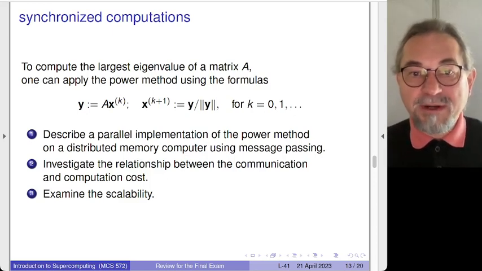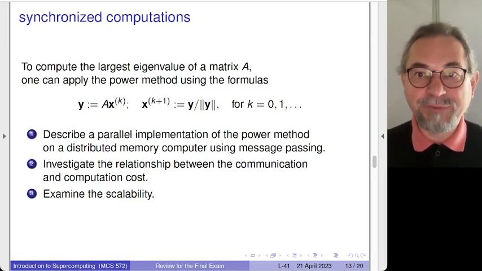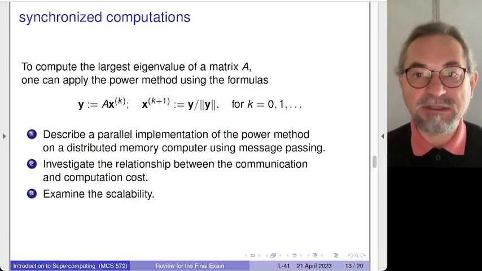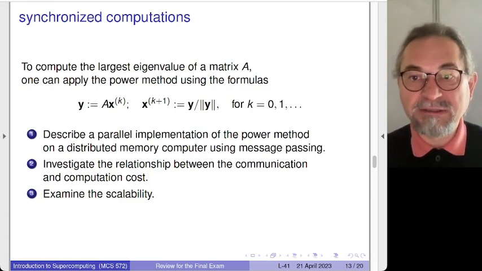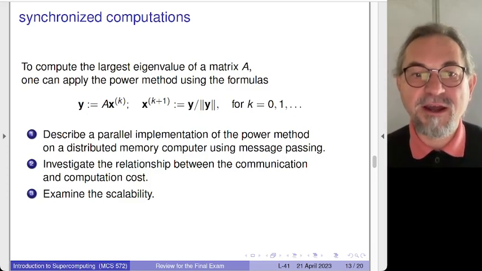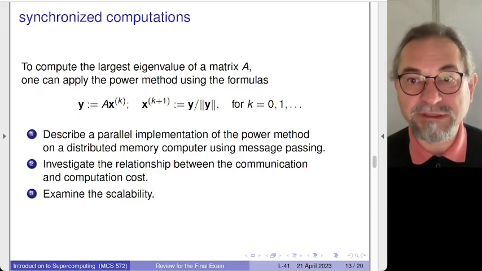If you describe a parallel implementation, then you think of a manager-worker paradigm. The manager will distribute the matrix among its workers, and distributing often means that you assign to every processor a portion of the matrix. Now there are essentially two steps in the computation: the matrix vector product, and the normalization stage.